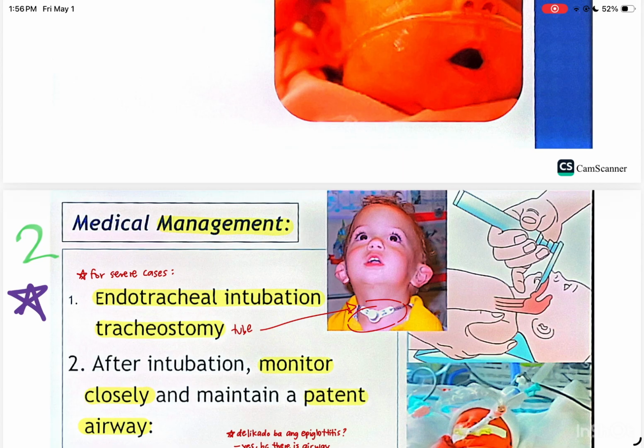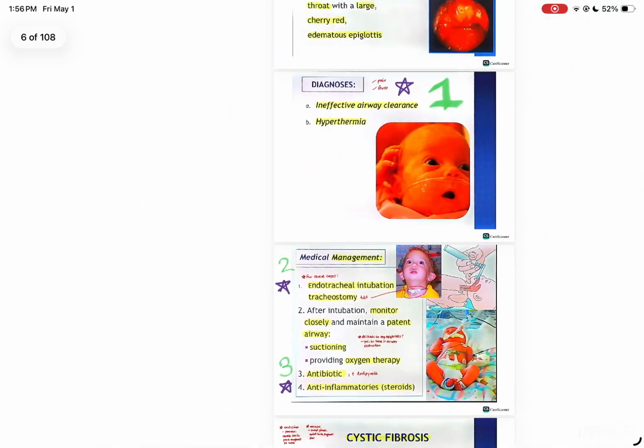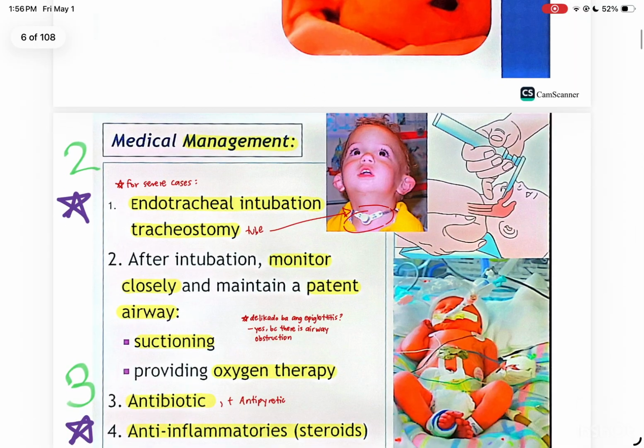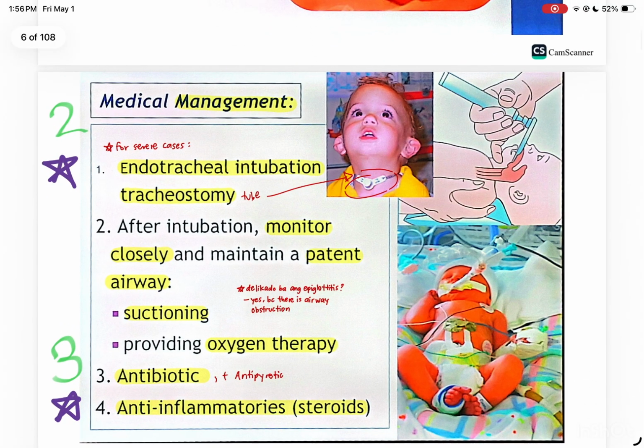Medical management for epiglottitis. In every disease, we really need to know how we are going to treat this. Endotracheal intubation, tracheostomy, for severe cases.